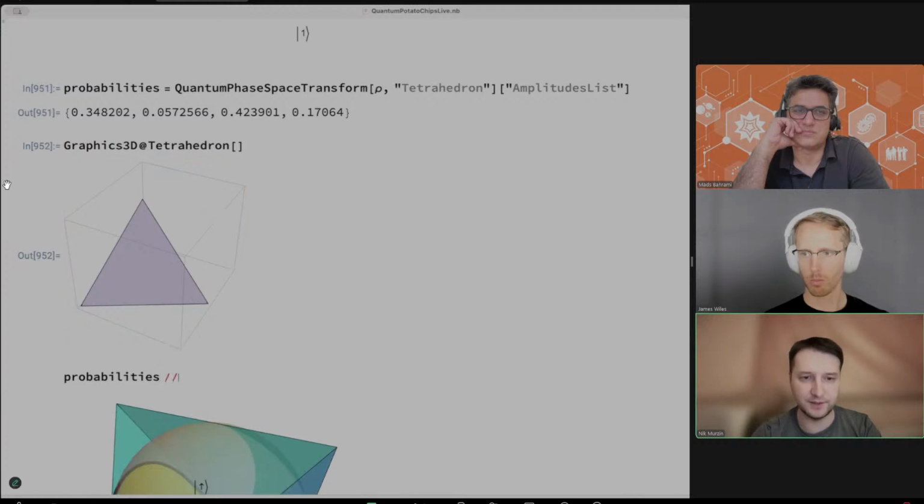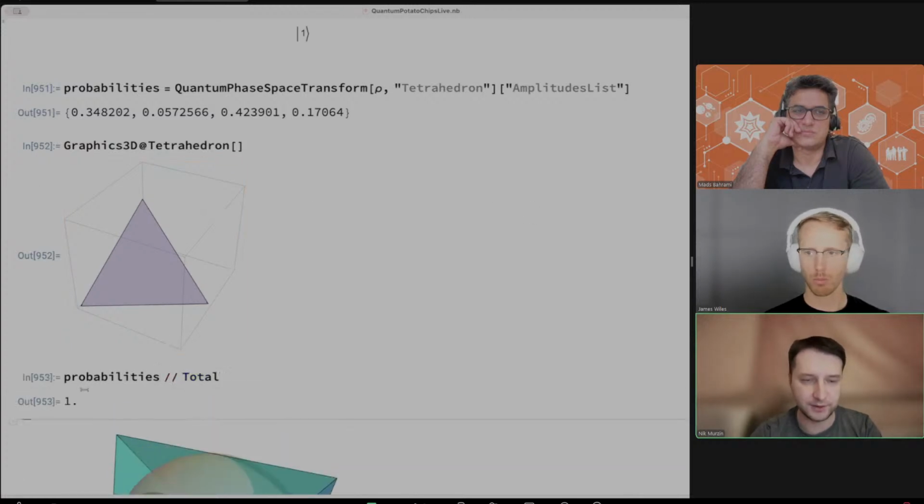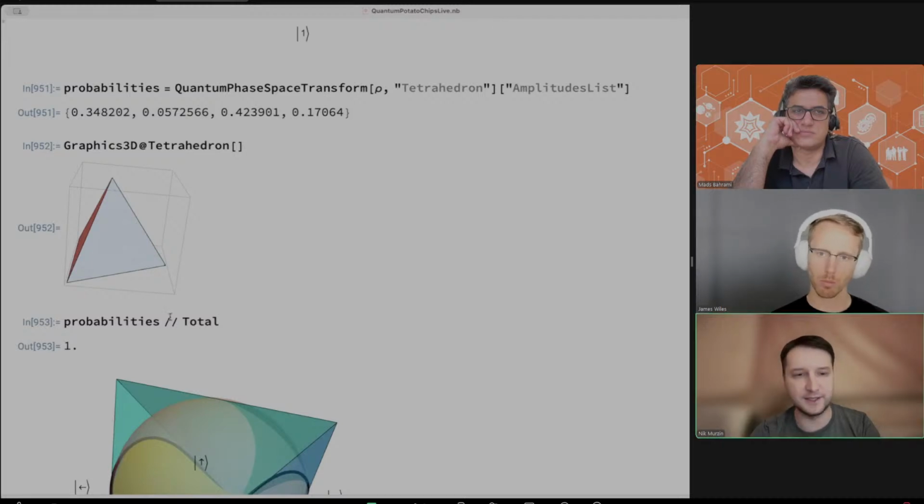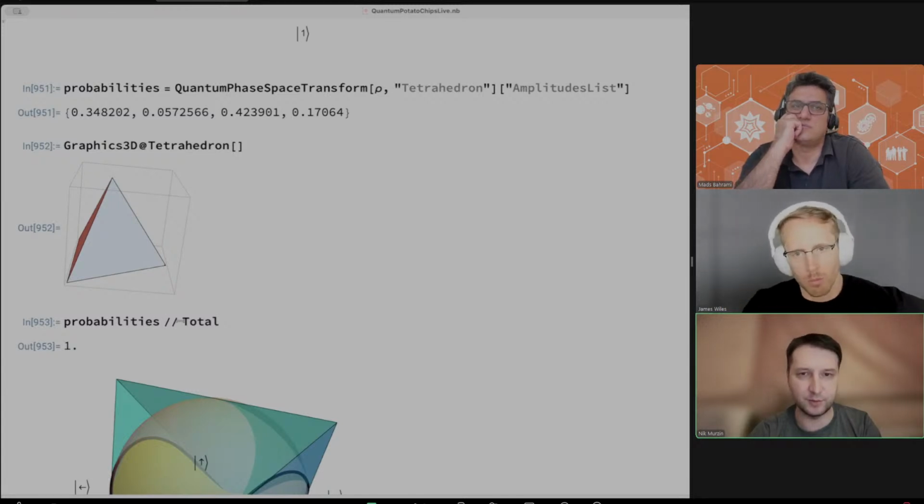Those probabilities in the basis act as probabilities, so they sum up to 1, and they're always positive for any quantum state, any qubit. In that sense, you treat this tetrahedron as a probability simplex. So any state inside of it is a valid probability vector.